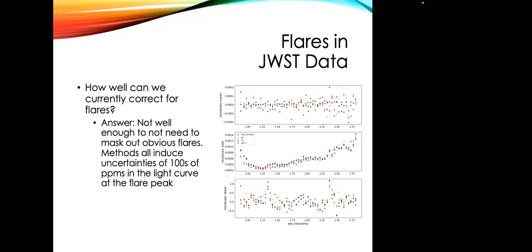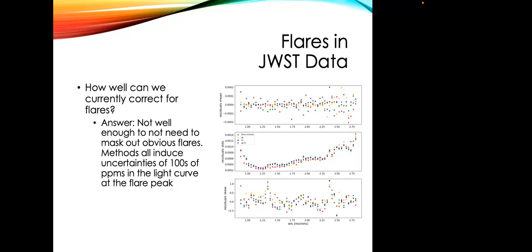And we tried 4 different methods for correcting for flares. We did a GP process, H-alpha determined flare correction, and then just model-based physics flare-corrected data. And it doesn't matter. We still see this basic shape of wavelength dependence in the residuals.